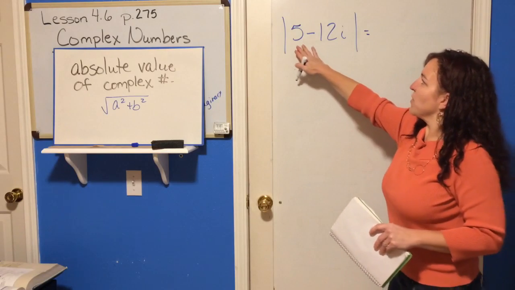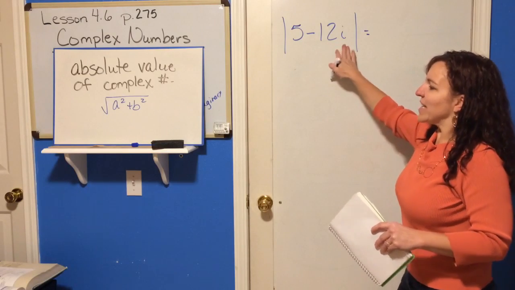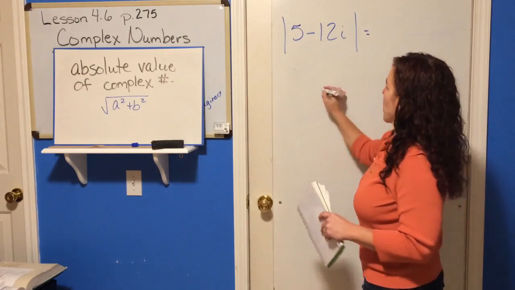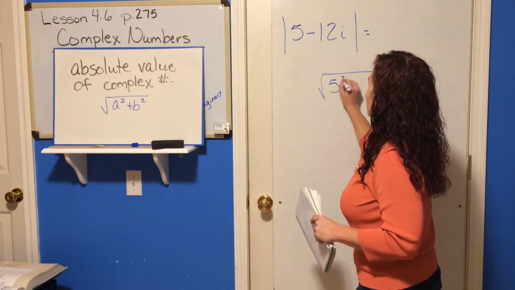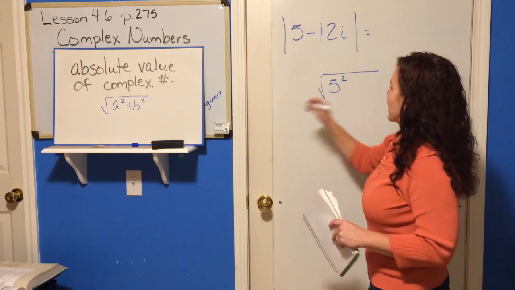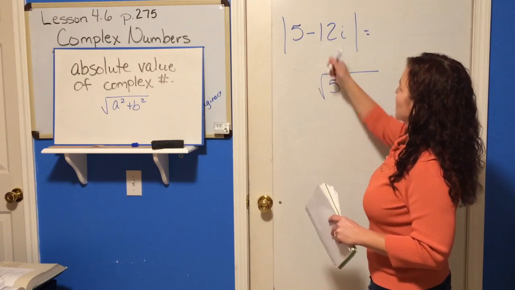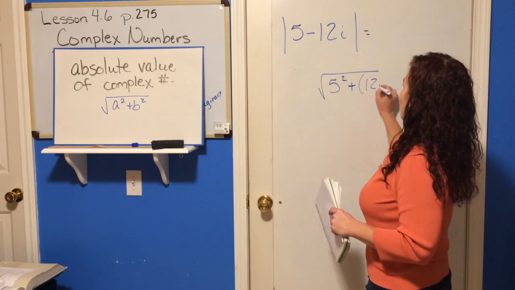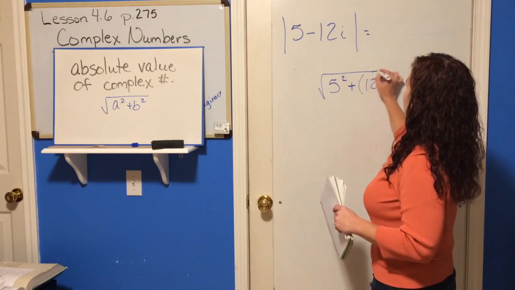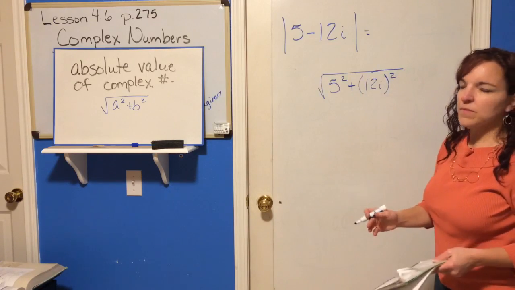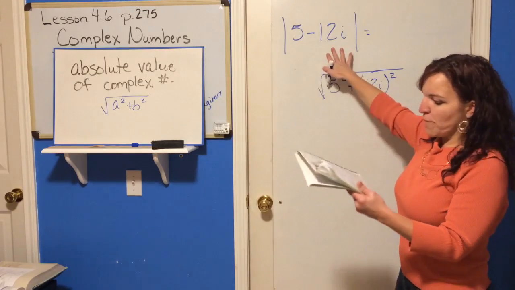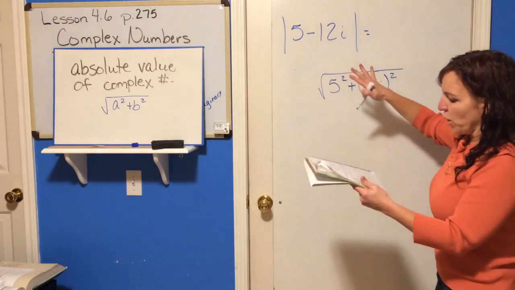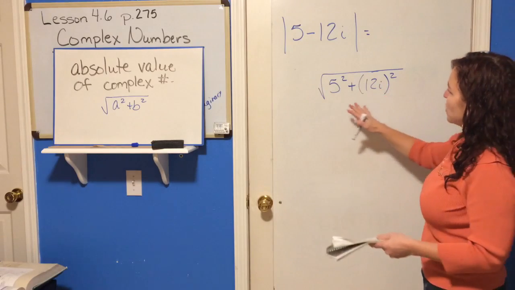So the absolute value of 5 minus 12i is simply going to be the square root of 5 squared, 5 is your a, plus b squared, which is 12i squared. So did you see where I got that? A is your real number, b is your imaginary number.